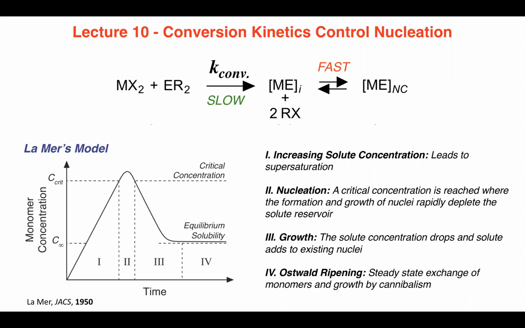You can have a case where the breakdown of the precursors to make solutes is slow compared to the consumption of solutes by growth. Or you can have another scenario where it's fast and everything sort of piles up here. So if it's slow, it turns out that you can use that reactivity to control the outcome of the crystallization. And that's a really good situation to be in.